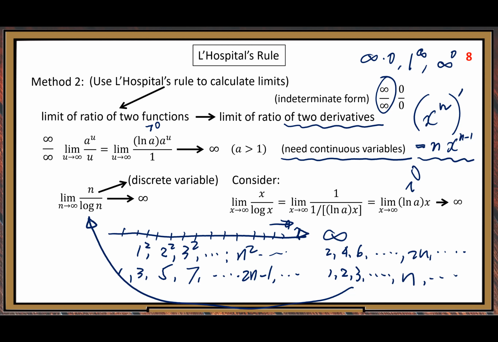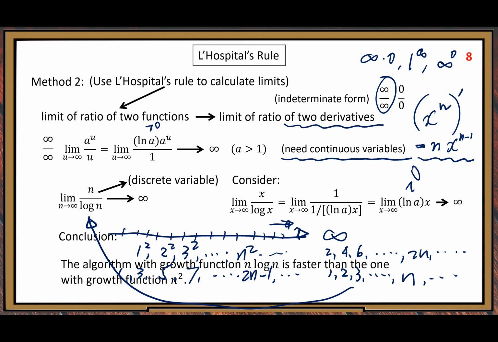All right, so we complete our part B. So the conclusion: after we do the comparison, the algorithm with growth function n log n, our second method, is faster than the one with growth function n squared, the first method.